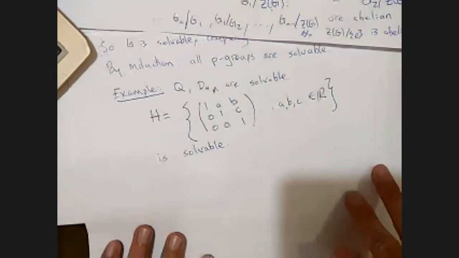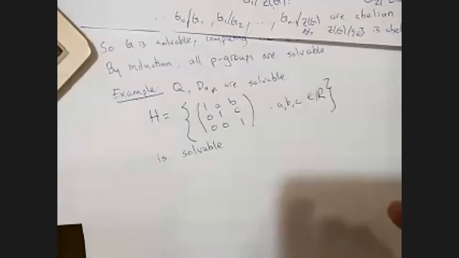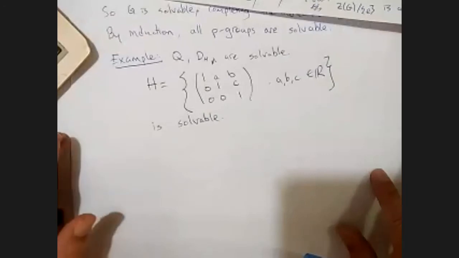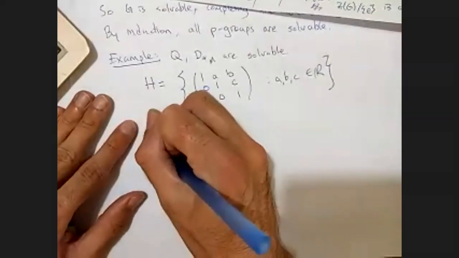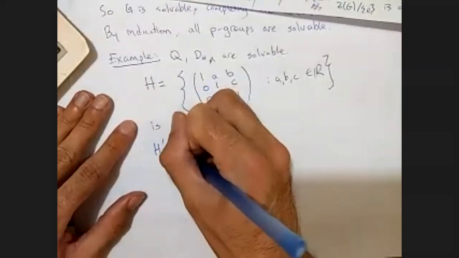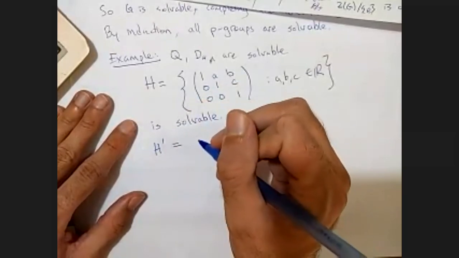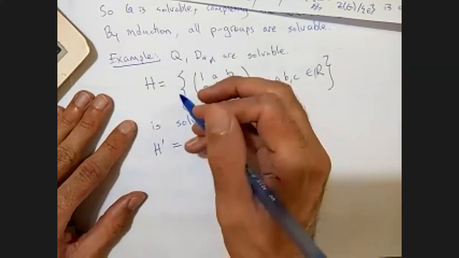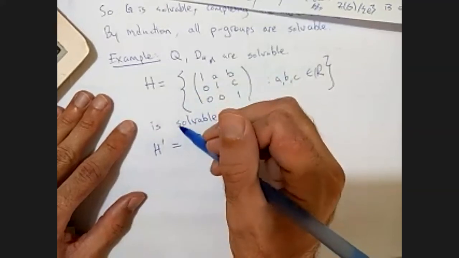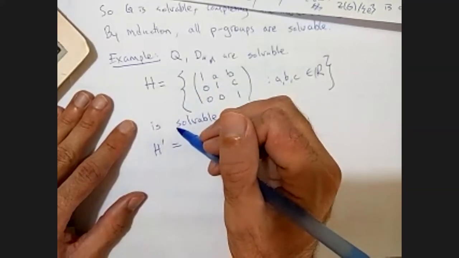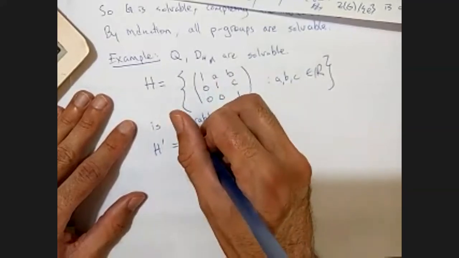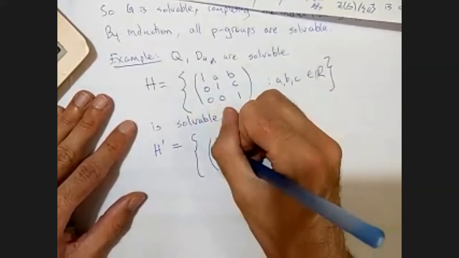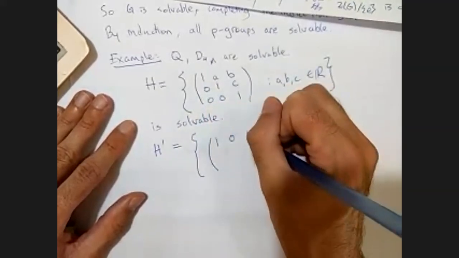What is the reason for that? In the assignment, we looked at the center of H, and as an example in class, we looked at H prime. One way or the other, we saw that H prime is the set of all matrices that look like this.